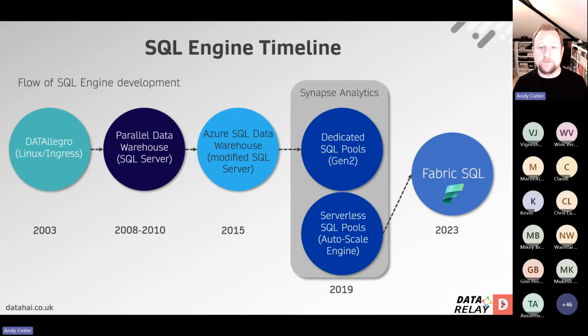One of the biggest complaints of Synapse Analytics was the fact that you had multiple SQL pools. Great for consultants who could explain to the nth degree which SQL pool to use in which scenario, but people said, okay, I've now got two SQL services with their own options, their own ways of working with data.